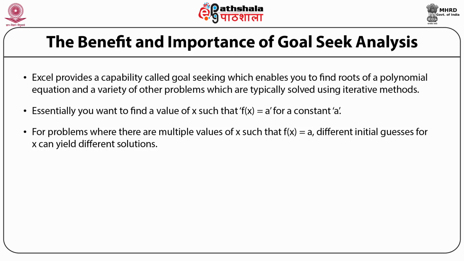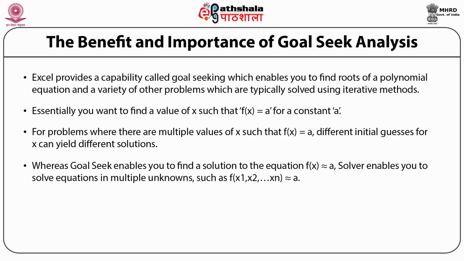Thus, to find all the solutions will require repeated trials based on different guesses. Whereas goal-seek analysis enables you to find a solution to an equation f(x) corresponding to a.